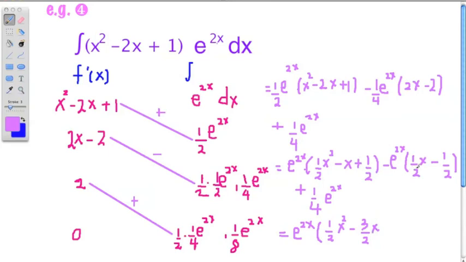And then 1 over 2 minus 1 over 2, we get 0, plus 1 over 4, we will get 1 over 4. Then plus c. So that's all.